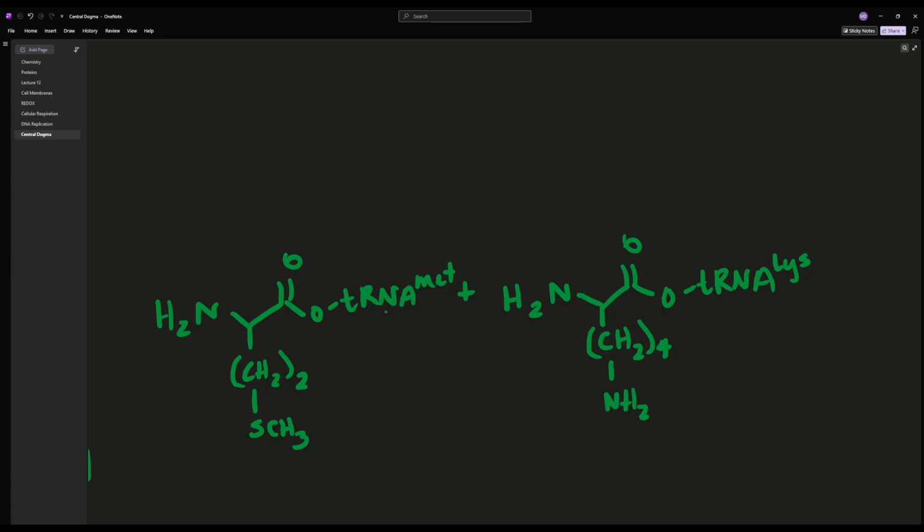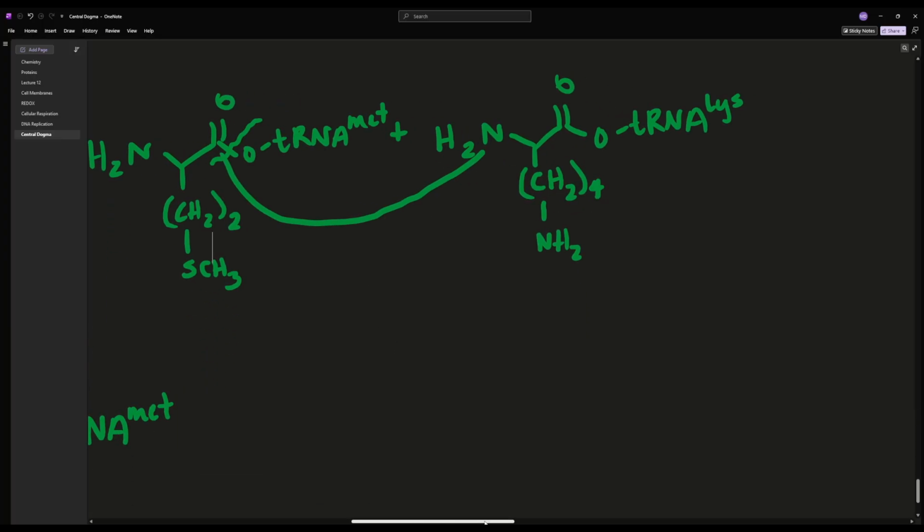Remember how we said the bond between the methionine and its tRNA is broken? That's exactly what's going to happen. We're going to break that bond. And if you remember back to week 2, if we break this bond, it's going to then attach to that nitrogen there.